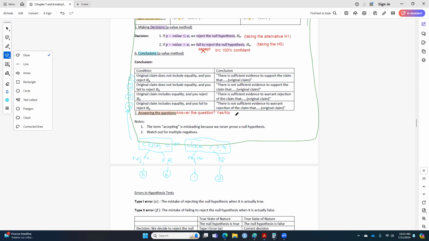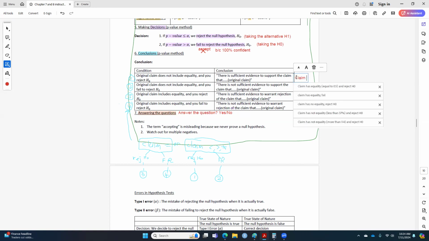So in order for you to answer yes or no, it depends on what conclusion you made. If you made the first conclusion, then your claim is valid, so usually the answer will be yes.